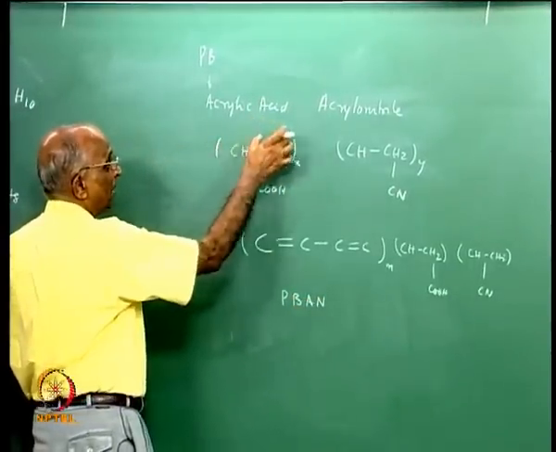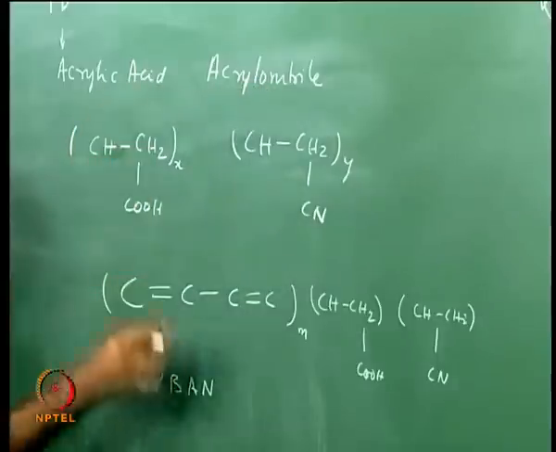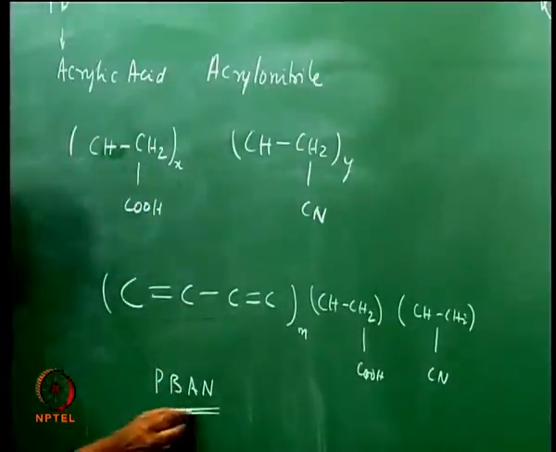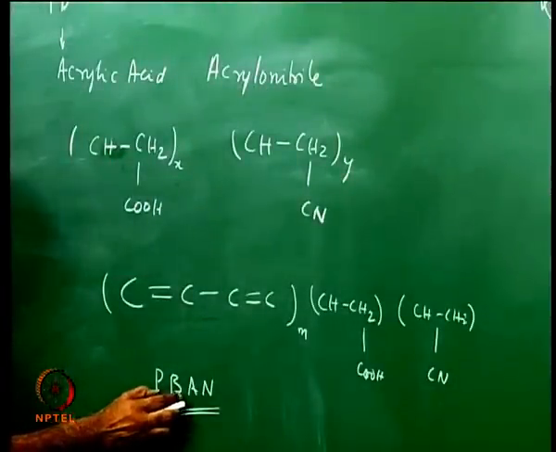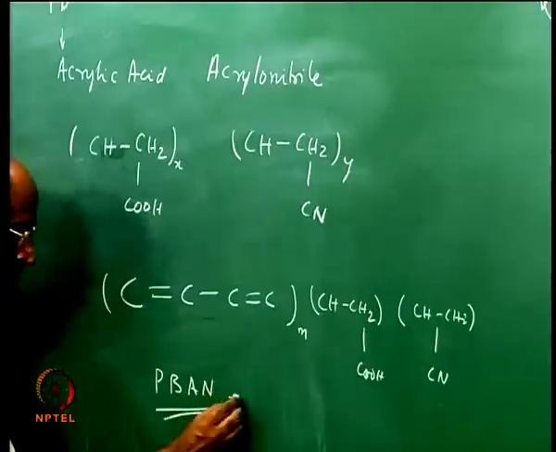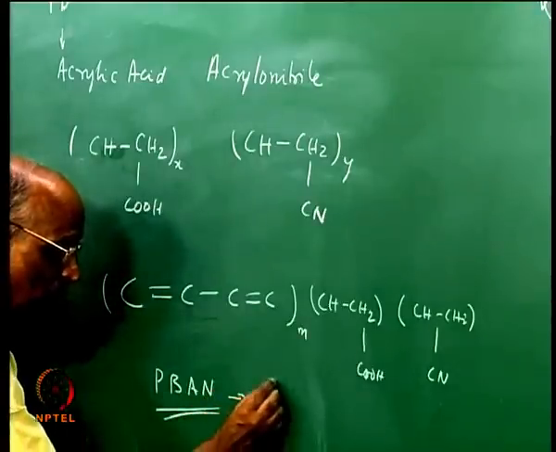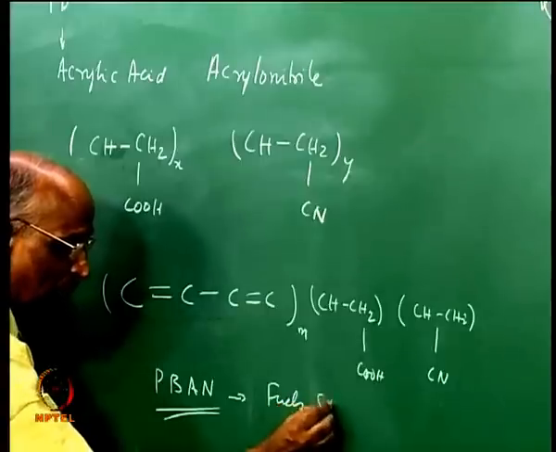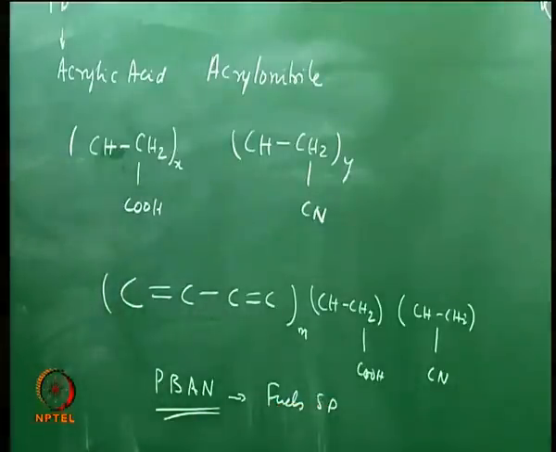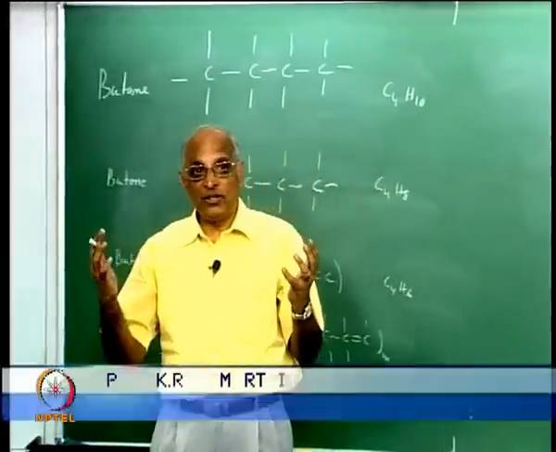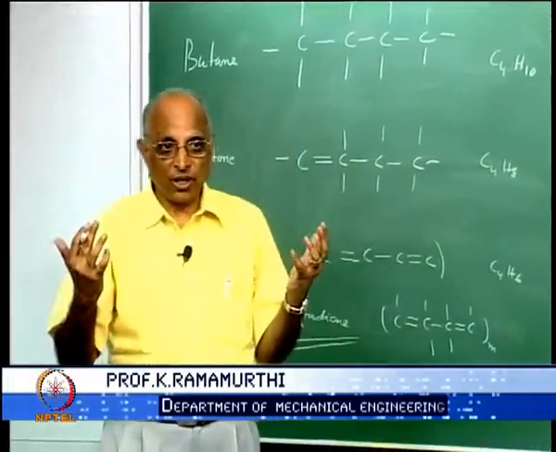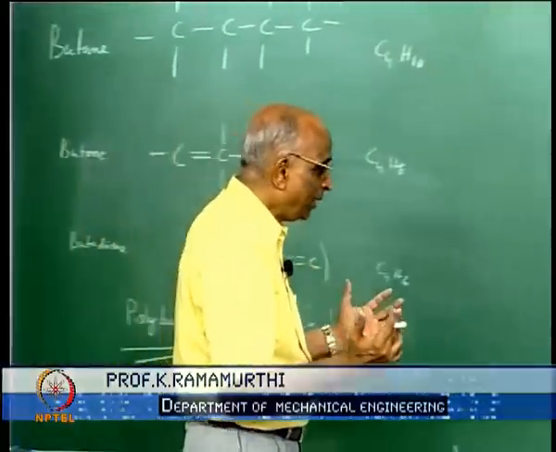That means I put the acrylonitrile and acrylic acid together. I call this PBAN, polybutadiene acrylic acid acrylonitrile, and this is one of the fuels which are used for solid propellants. You all would have read somewhere, yes, PBAN is used. PBAN is used in the space shuttle in huge motors. Why is it used?